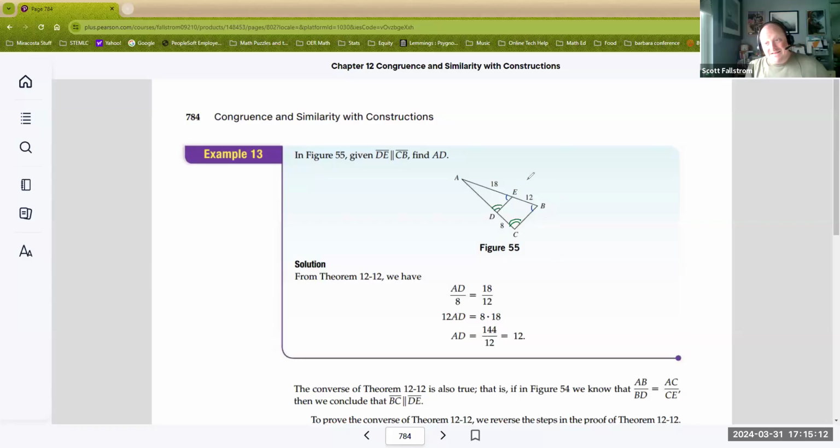Now, what that means, though, and this is what's great, is it means I don't have to create AE is to AB. Now, there's nothing wrong with that, but it makes it longer. So instead of me having to do 18 to 30, I can do 18 to 12 is X over 8.